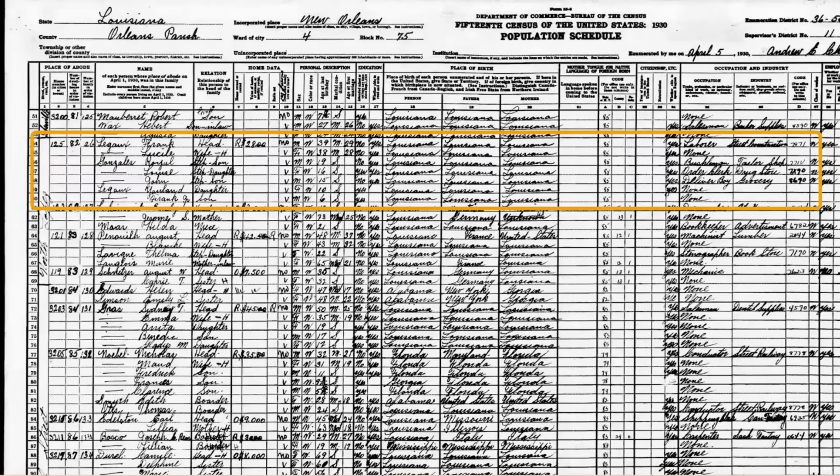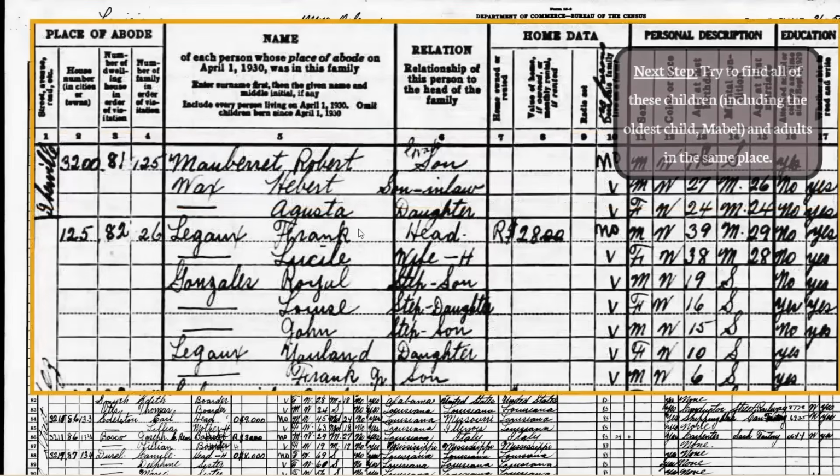Now, 1930, they're still living in New Orleans. They're living on North Lopez Street. So here we see Frank Legault. So this would be my great-grandfather's stepfather, and Lucille. So they're 39 and 38. Roy, he is 19. Now it says Royal.